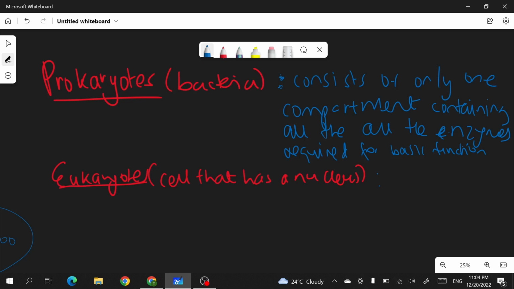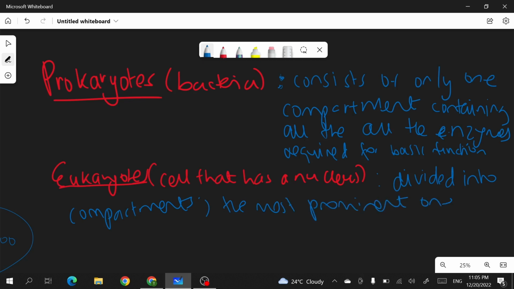They are divided into compartments, and the most prominent one is the nucleus.